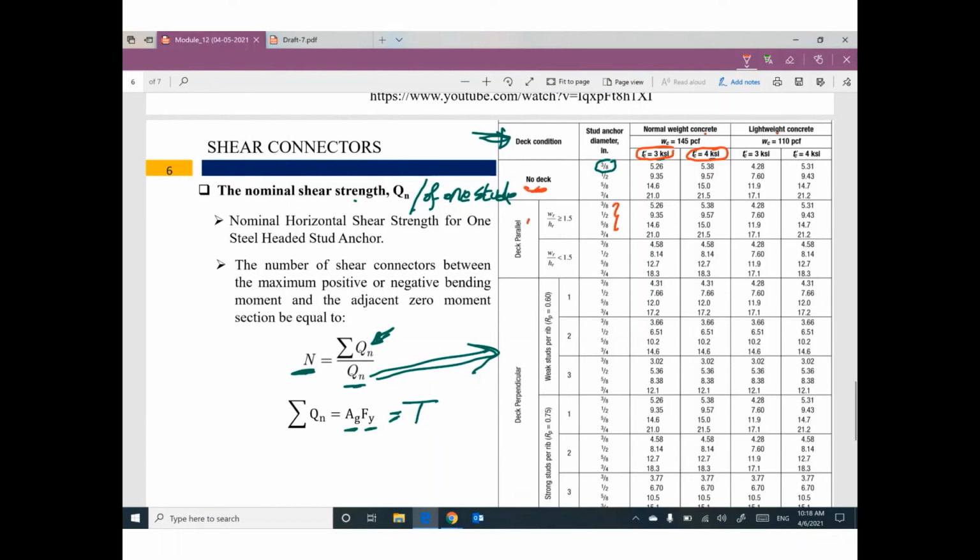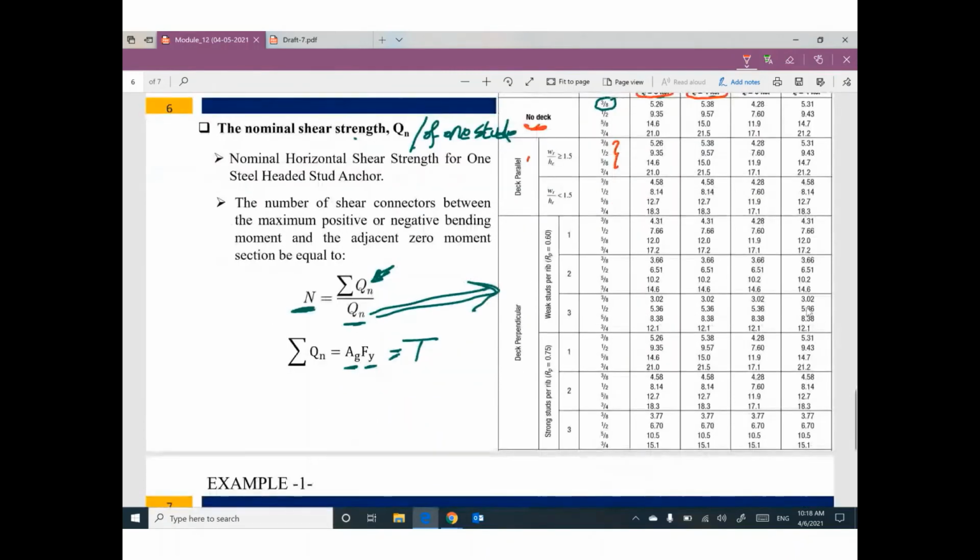We will cover this table next meeting. But by the way, make sure the required number n is the number of shear connectors between the maximum positive bending moment and the adjacent zero moment.